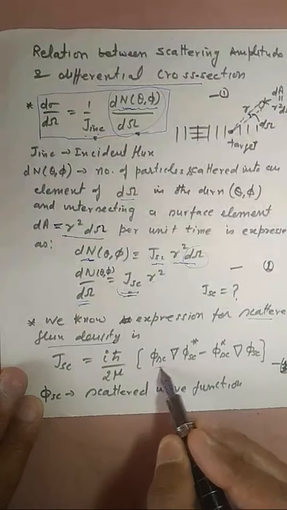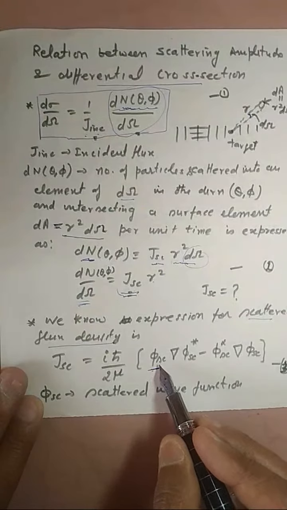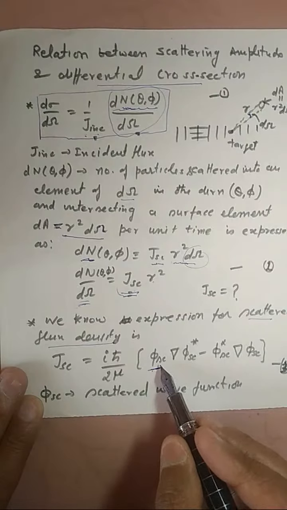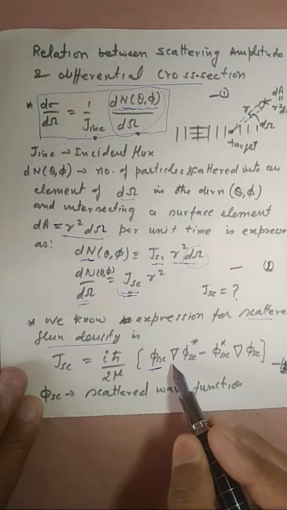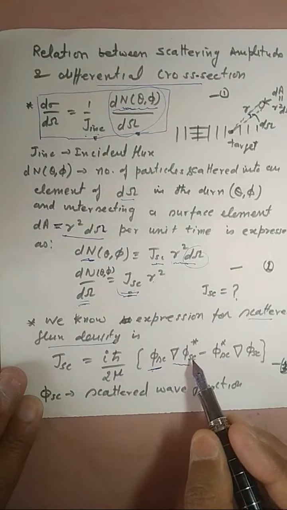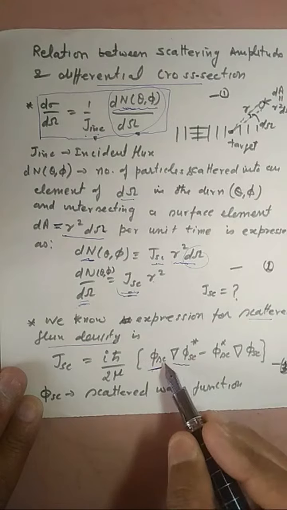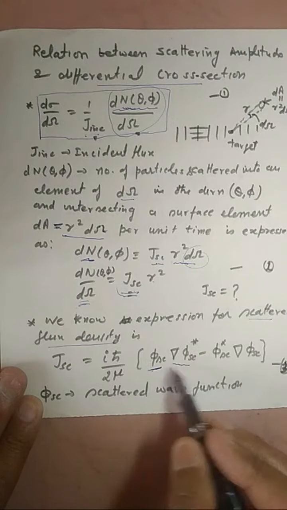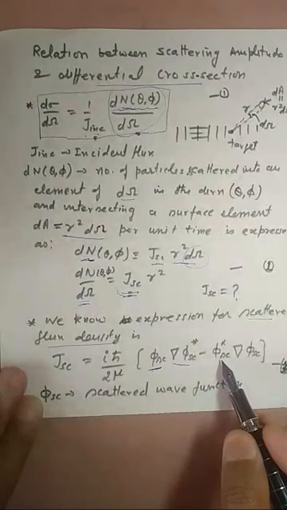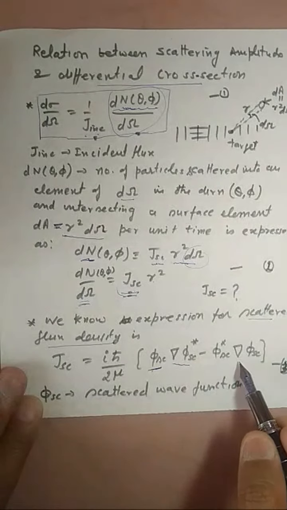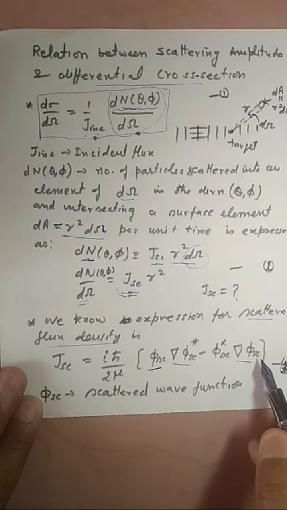This quantity represents the scattered wave function related to the scattered particle. And this is the gradient of the scattered function, times the complex conjugate of the scattered wave function, minus the complex conjugate of the scattered wave function into the gradient of the scattered wave function.